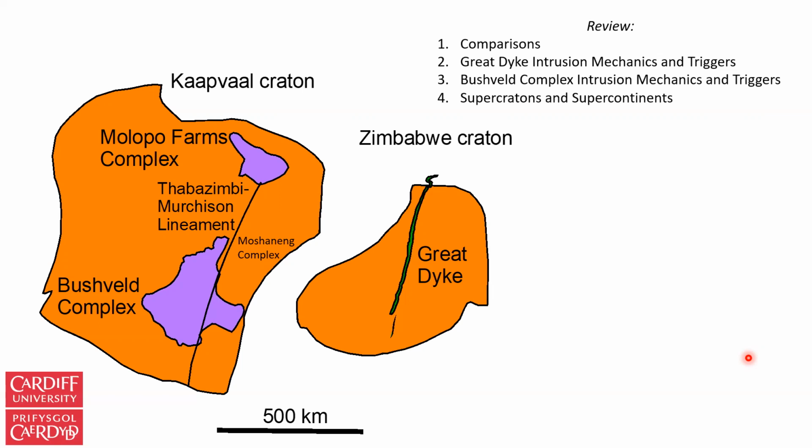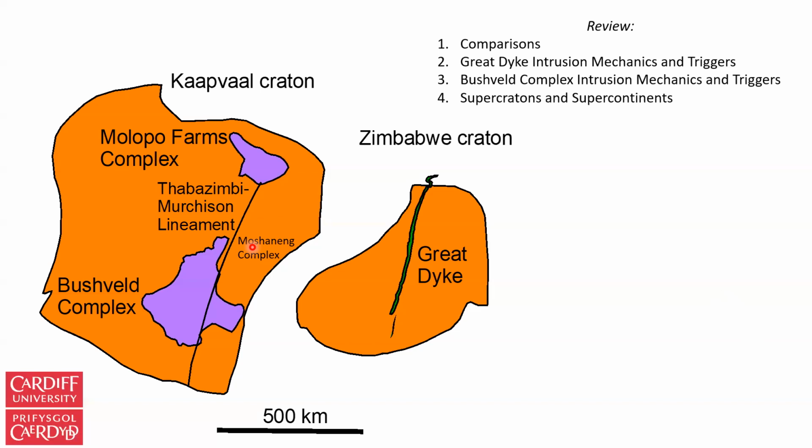Right. So in this view of the 2 cratons side by side, I've just rotated around the Kaapvaal craton so that the Tabazimbi-Murchison lineament, the TML lineament, is roughly parallel to the Great Dyke, just to make some simple comparisons there. That lineament, whatever its role in the intrusion of the Bushveld and Mapeo Farms complexes is, which is a fascinating thing I've been learning a bit more about at the conference so far.